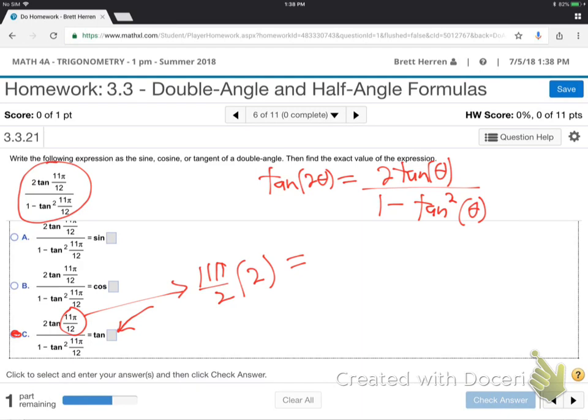So that's all equal to one tangent alone, but you got to double the angle. What's the angle? 11 pi over 12? You got to double it. So now, how do you multiply a fraction by 2? How do you double it? 2 over 1, cancel them out, 11 pi. So the angle is 11 pi. All of that is the same as one tangent of 11 pi.